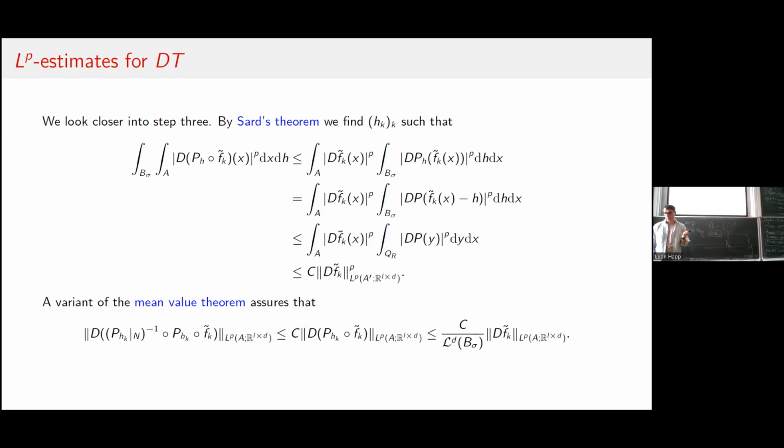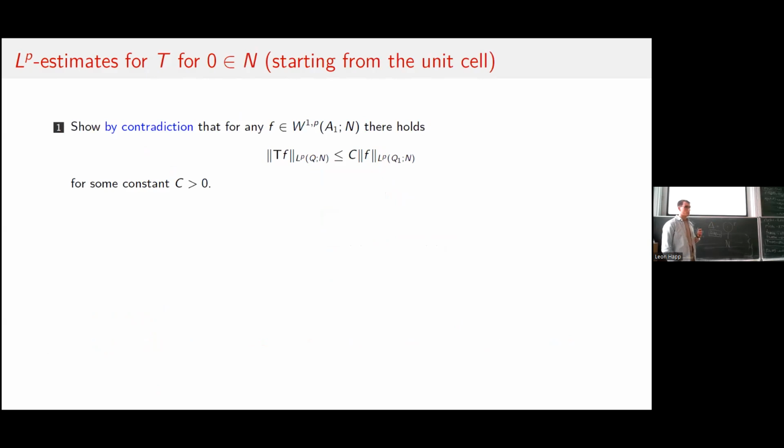So that's very nice. However, the LP estimates just for the extension were surprisingly difficult to get, especially for the case that 0 is not an element of your target manifold. If it is not, which I will show you on the slide in a second, then you know that your target manifold is bounded from below and above, and by a simple trick you always get the LP estimate.